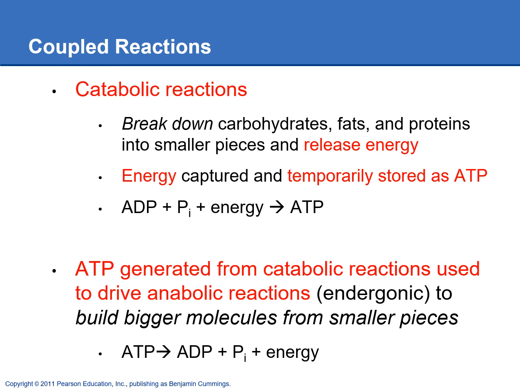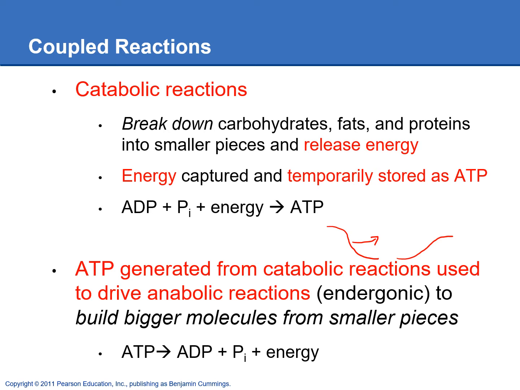So here's a little picture of this. If we've got maybe some food here that we're going to be breaking down, we're doing our catabolic reaction and releasing some energy here, and then maybe we're going to be making a protein over here.